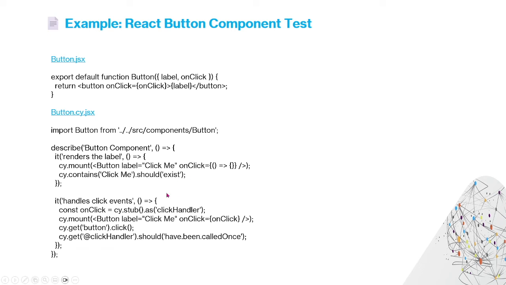The second test handles the click event: we define a constant onClick, mount the button with it, get the button and click it, then check the click handler should have been called once.